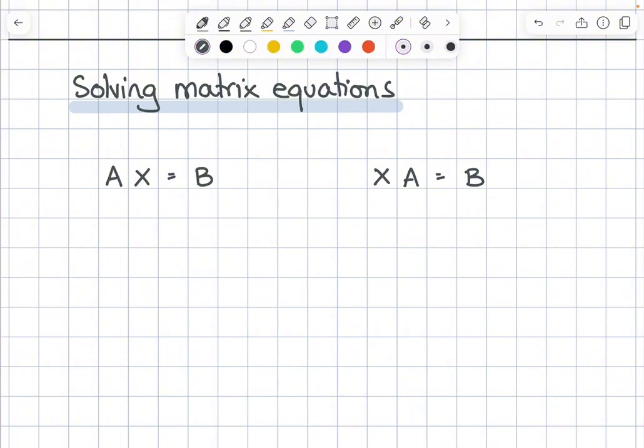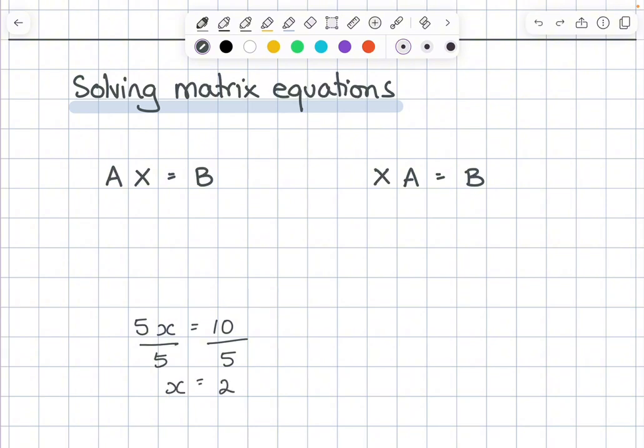So you know that to solve an equation, you do the opposite operation of what's happening to X in order to remove it. So if I had 5 times X equals 10, I would divide both sides by 5, because that's the inverse of multiplying by 5. And then I calculate this, it equals 2.